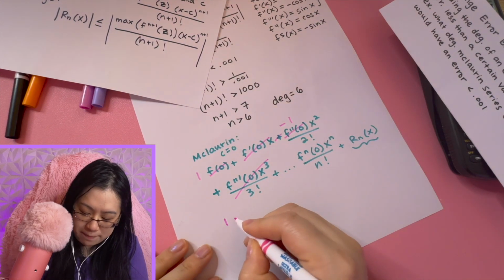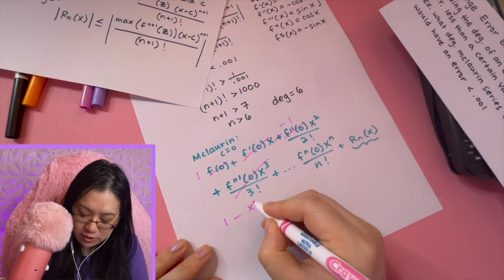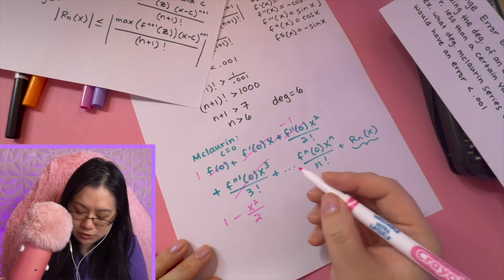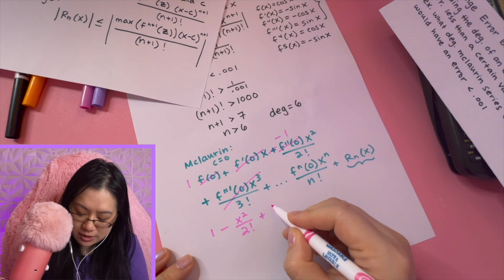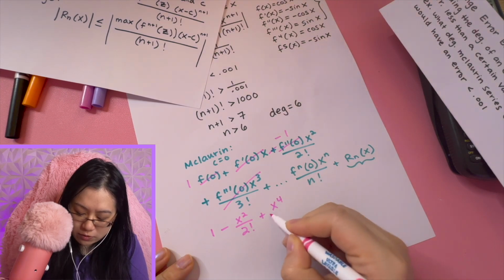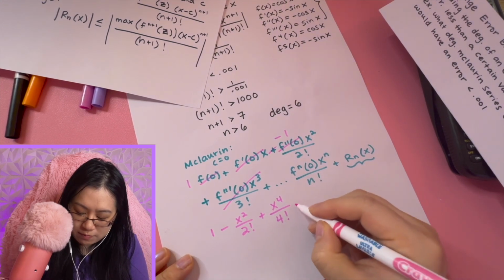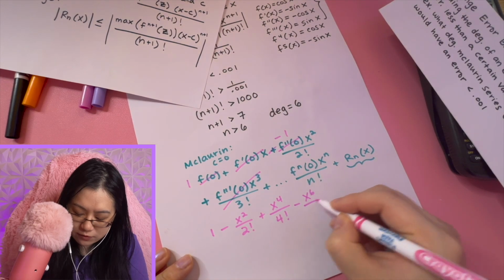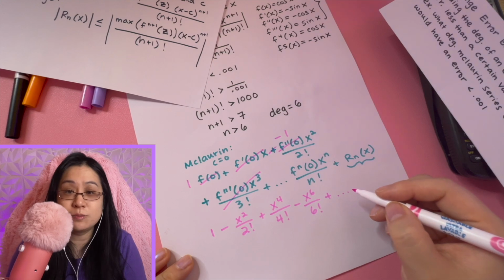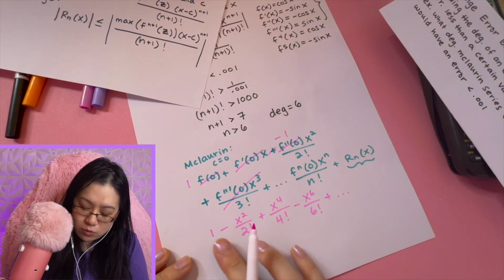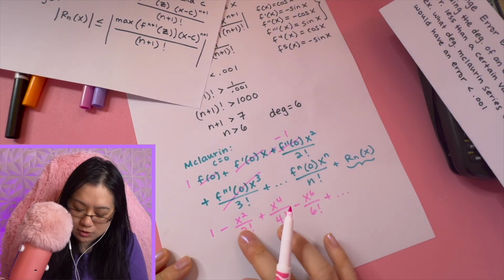So 1 minus x squared over 2 factorial, which is 2, but I'll just write that. And then the fourth part will be plus x to the 4th over 4 factorial minus x to the 6th over 6 factorial plus, and you get the pattern.